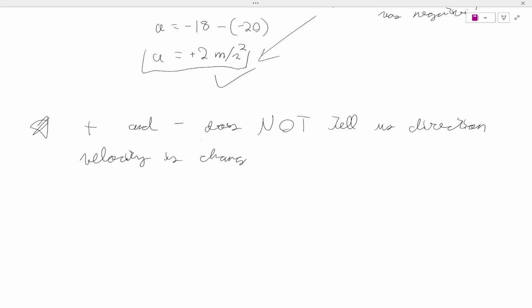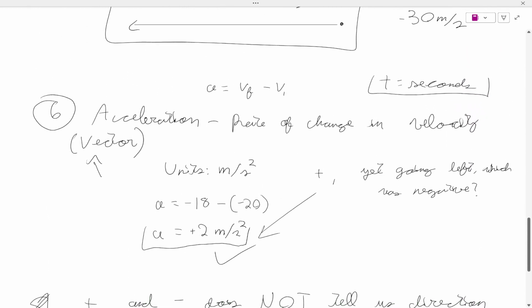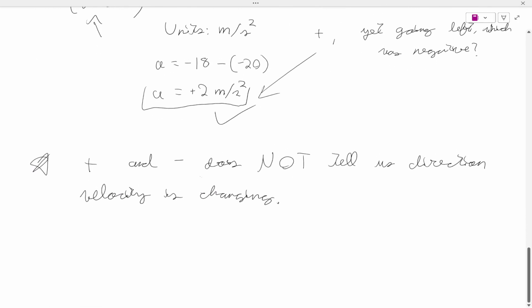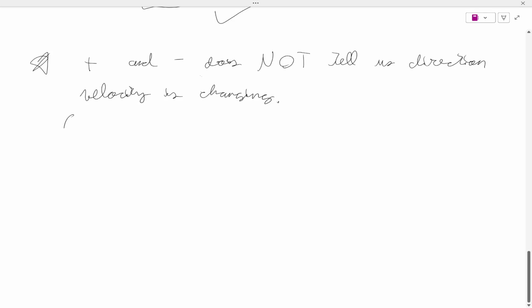If you're confused, I just mean that it does not tell us what direction it's going. For example, since this is positive, it does not tell us that velocity is going to the right. It's just telling us at which rate velocity is changing. To further deepen that, it just doesn't mean speeding up.